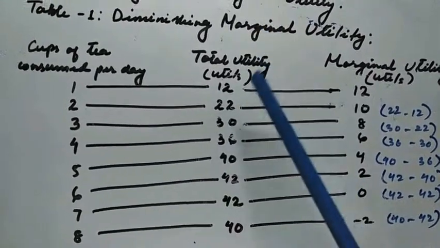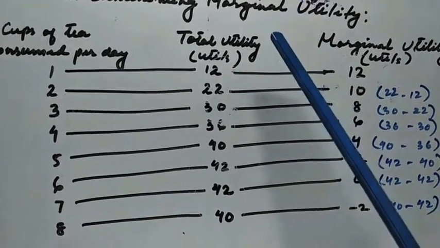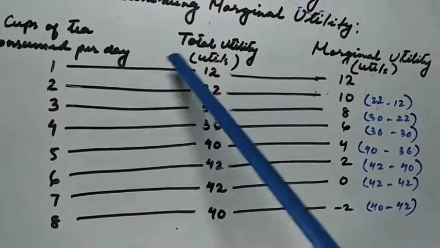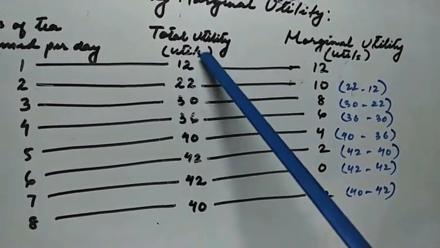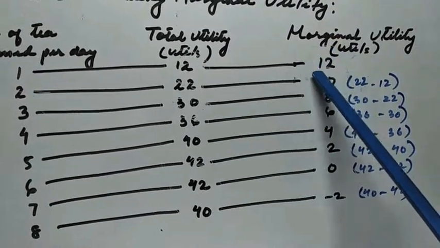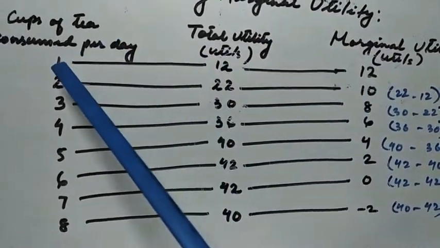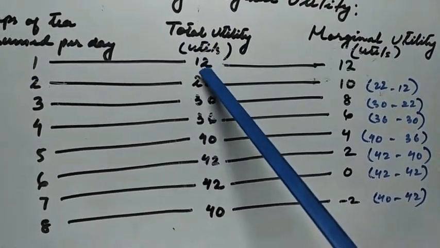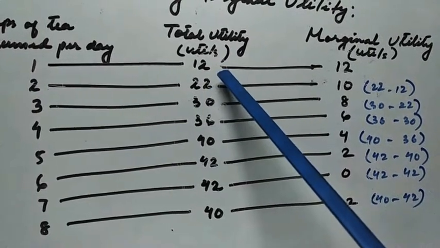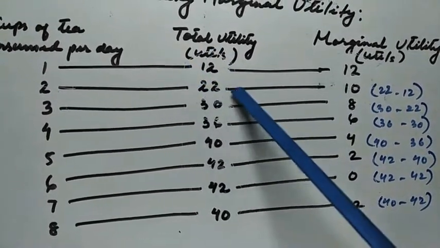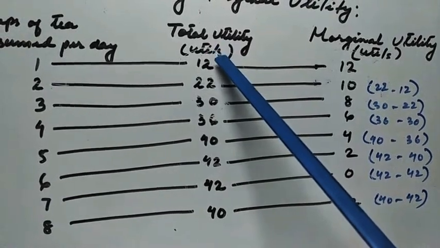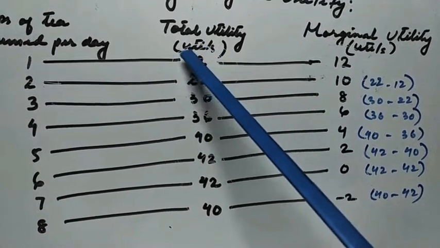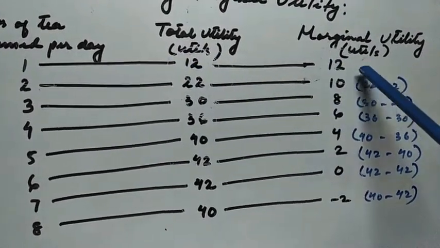So in order to not confuse you, let me explain the concept again using this table. When you are consuming 1 cup of tea per day, your total utility is 12 utils, and here even your marginal utility is 12. But when you are consuming 2 cups of tea, you are getting a total utility of 22, which means that your total utility has increased. How much your total utility has increased from the previous consumption is the marginal utility.